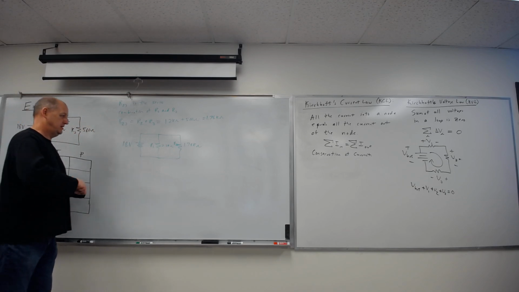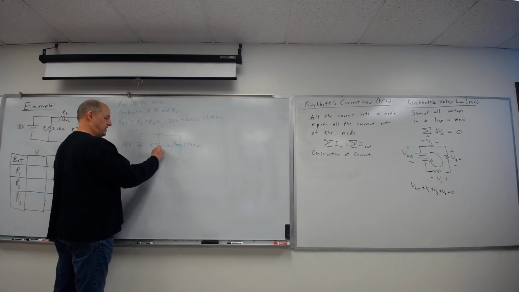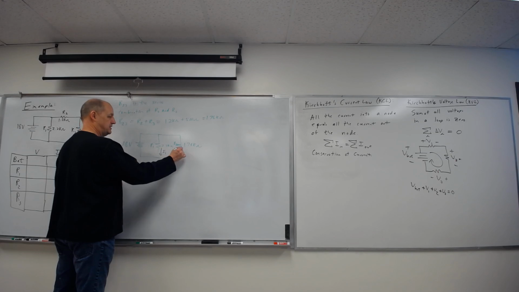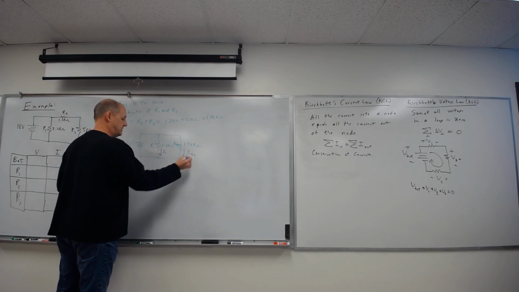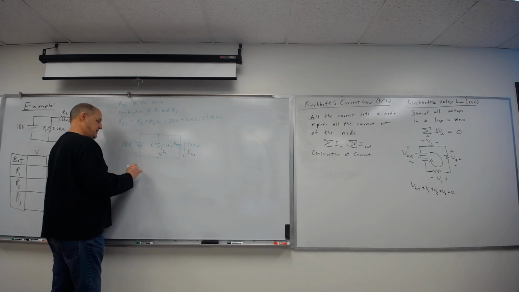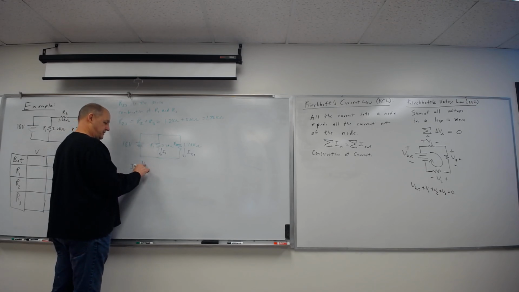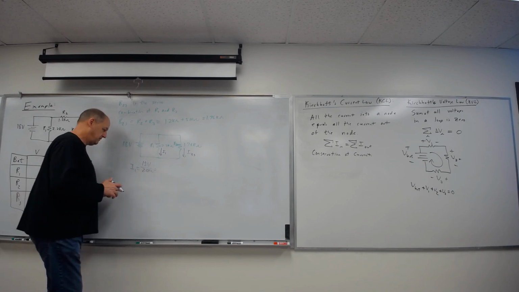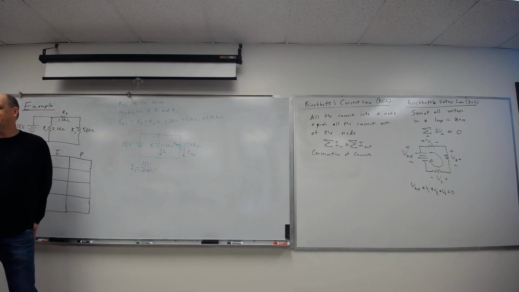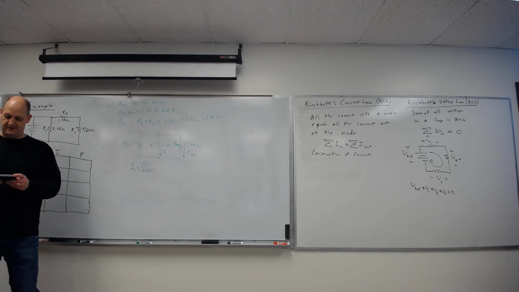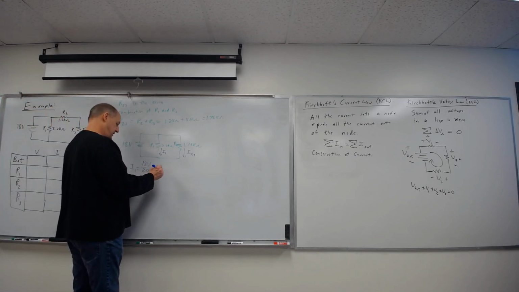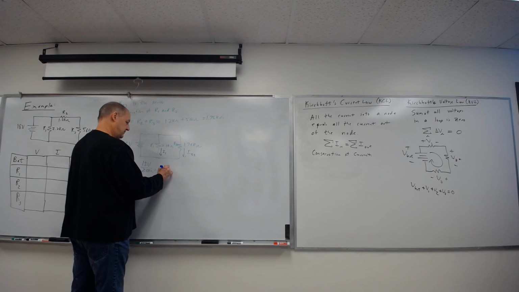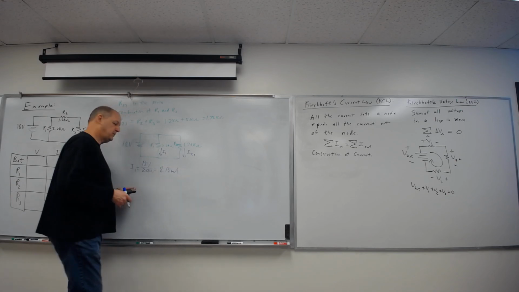So I look here. If I want to solve I1, I want to solve I23. I1 is the voltage across R1 divided by R1. So 18 volts over 2.2 kilo ohms. What is that? 8.1818, 8.18 milliamps.